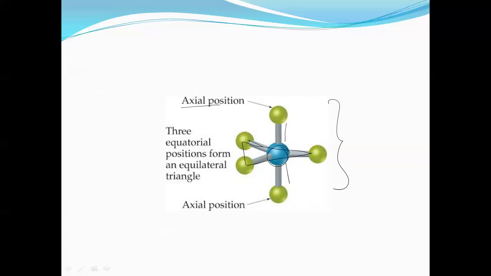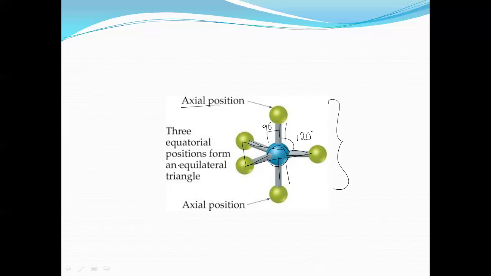These 3 are called the equatorial bonds, in the plane of the molecule, where the angle is 120 degrees. The 2 other bonds above and below the plane of this triangle are at 90 degrees to these equatorial bonds and are called axial bonds.